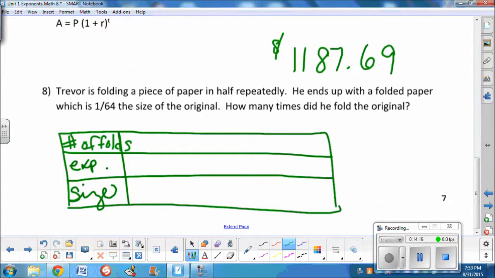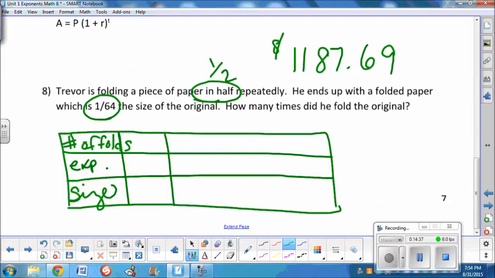So now this changes it up a little bit. It's talking about how many times did he fold the original. Okay, he ends up with a folded paper which is 1/64th the original size. Trevor is folding a piece of paper in half. In half. Right?